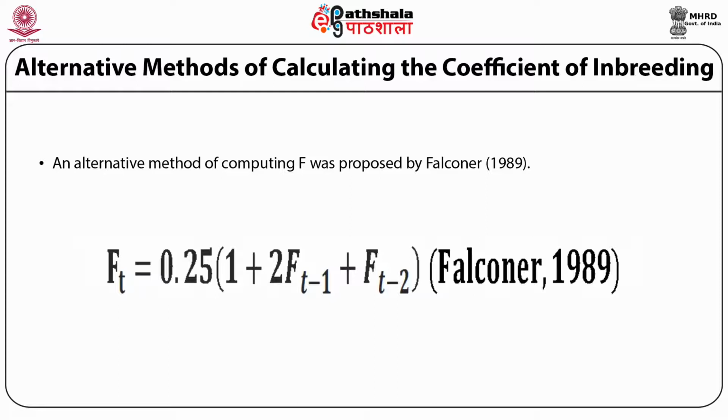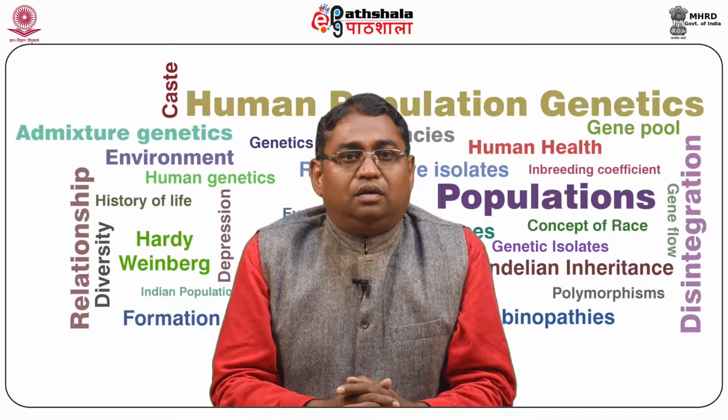It is important to note that recurrence equations can only be used for a regular system of inbreeding, that is 3 generations of full sib mating.